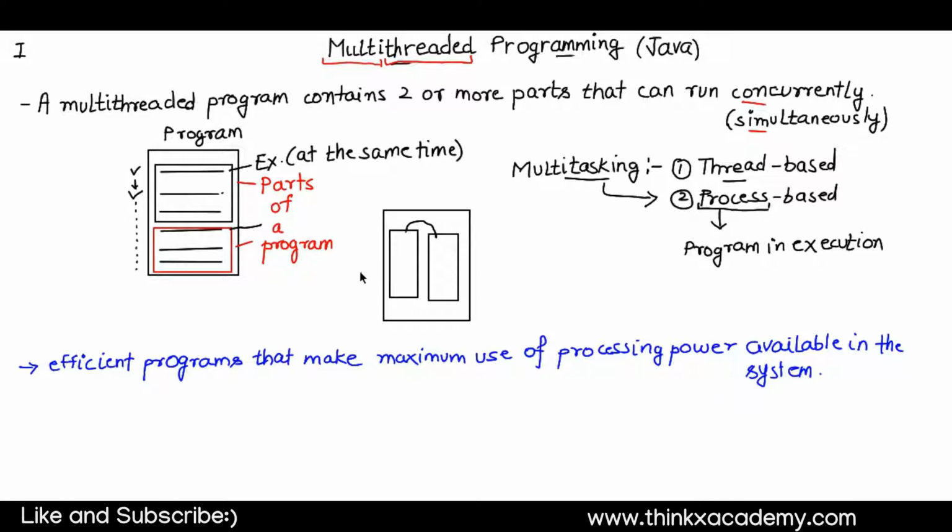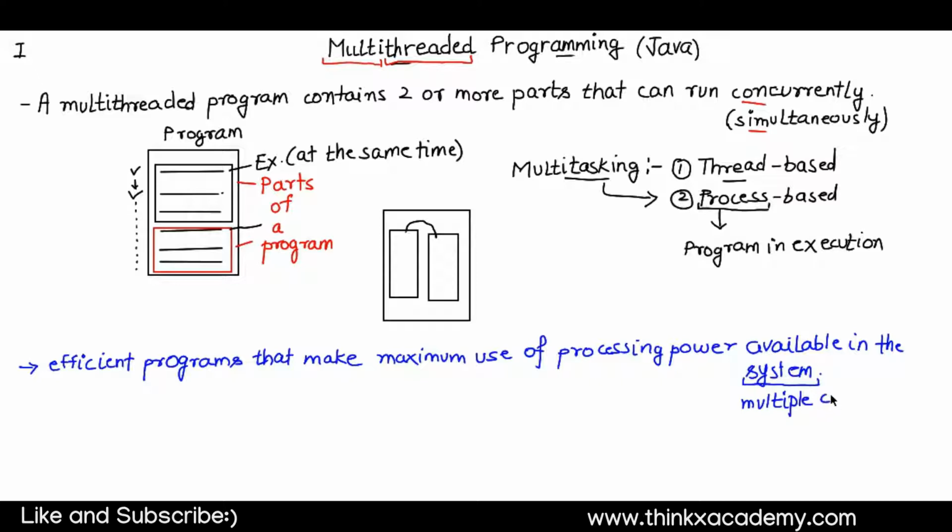Our systems now support multiple cores. This is another term we do not need here, but I will still give you knowledge of it, because it will help you understand multi-threaded programming. So systems contain multiple cores.